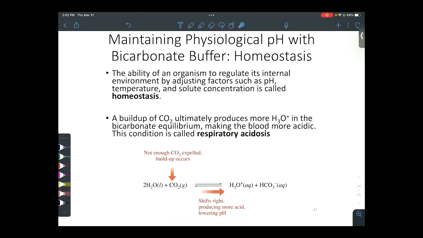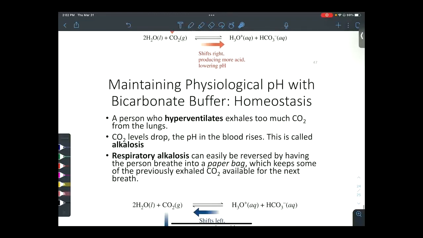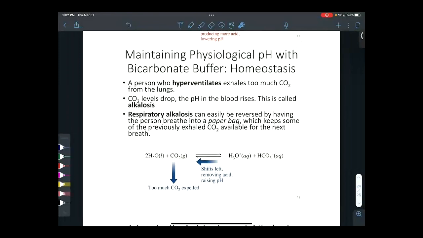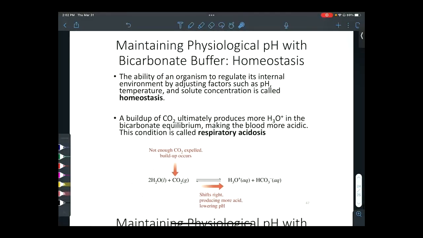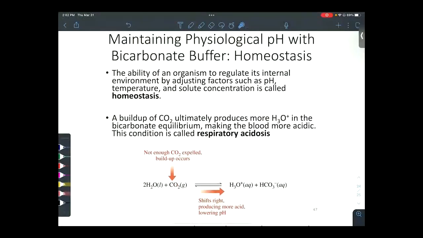So what happens when we build up CO2 within our bodies, when someone hyperventilates, is the blood becomes more acidic, and we call this respiratory acidosis. And so we shift the reaction this way. Sorry, I think I messed up here. I did mess up. All right, so when someone is hyperventilating, the condition is respiratory acidosis.